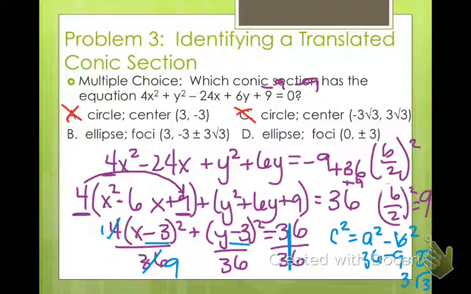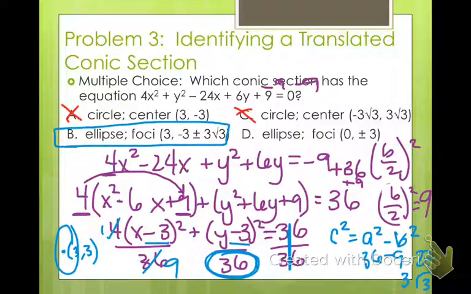So is this horizontal or is this vertical? Well, because the a squared is underneath the y, it is vertical. And we know our center is at (3, -3). Now to find our foci, we go from the center. So we go up and down 3 square root of 3: (3, -3 plus 3 square root of 3) and (3, -3 minus 3 square root of 3).